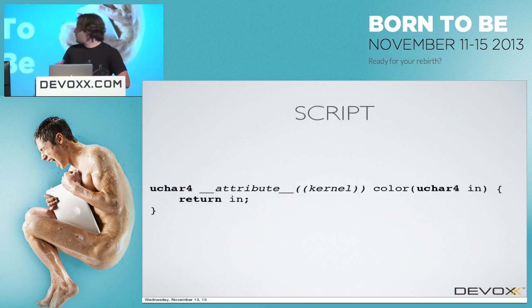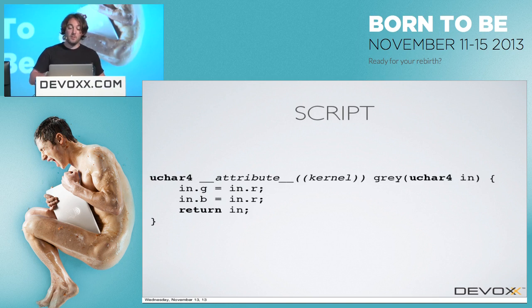So let's do something a bit more interesting with this script than just returning exactly what we take. If I want to transform this image into black and white, I can simply access the vector that is passed to me in input, setting the components green and blue to the same component, red.